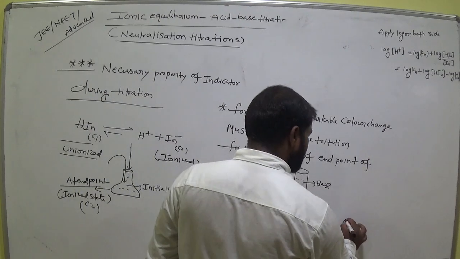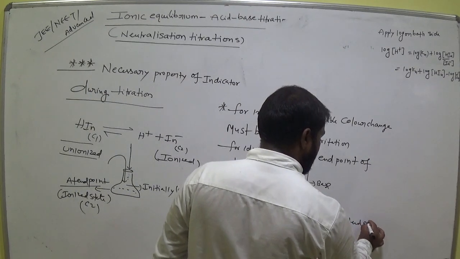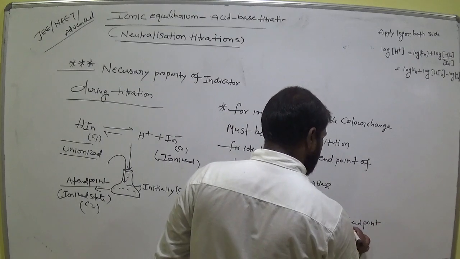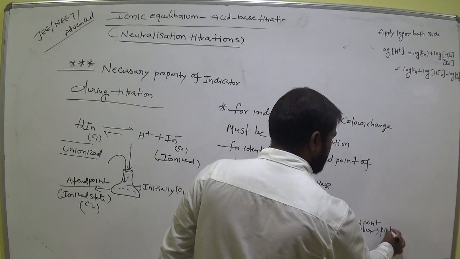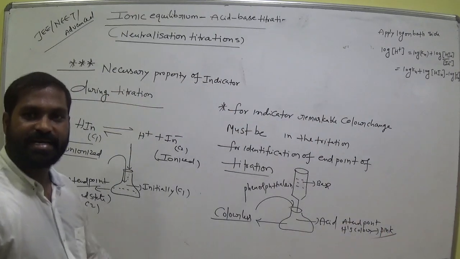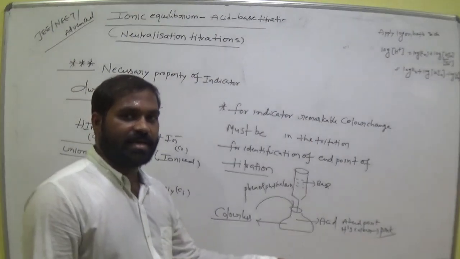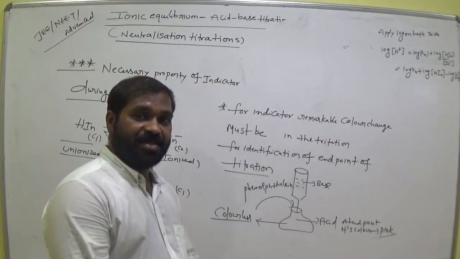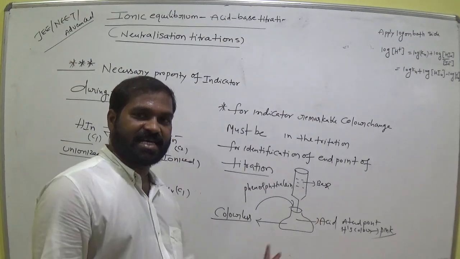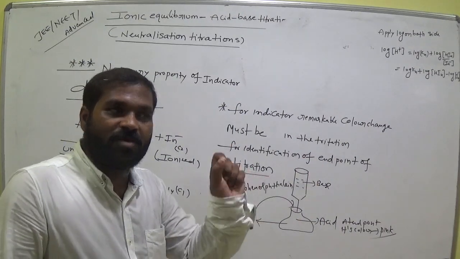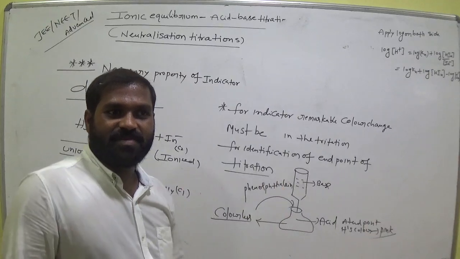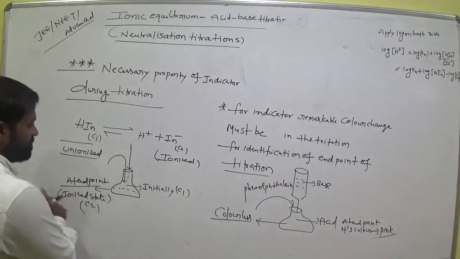At the end point, its color is pink. At the end point, phenolphthalein is pink. In acidic medium, initially its color is colorless. That is the color difference. So when it changes to pink color, we can stop the titration and note down the volume of the solution. Okay, is it clear? Remember that.